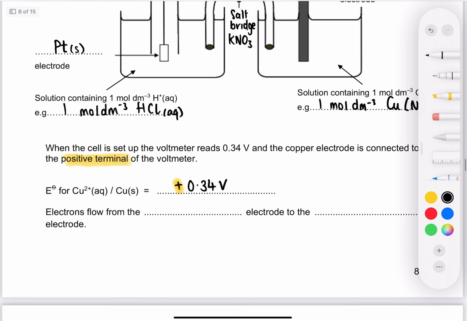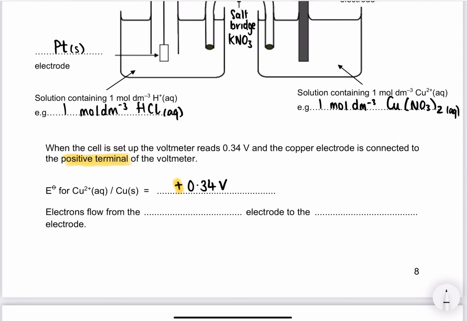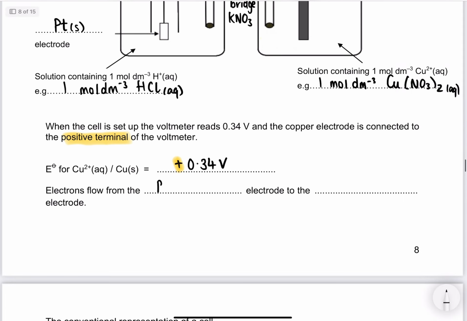And because it's the more positive, and electrons always flow to the positive electrode, they're going to flow from the platinum electrode, which remember is the negative, that's the platinum electrode of the hydrogen half cell, to the copper electrode of the copper half cell.